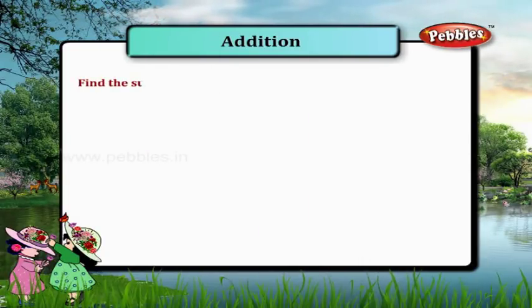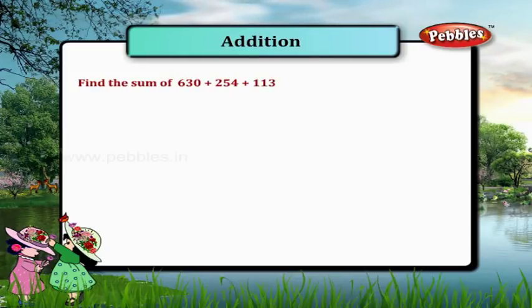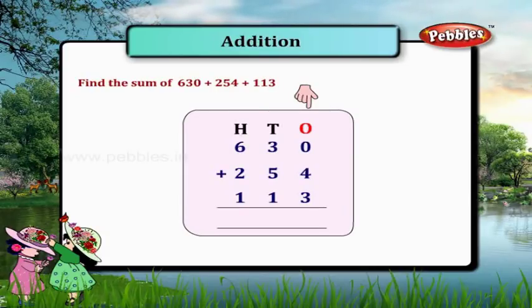Find the sum of 630, 254 and 113. Add the ones. 0 plus 4 plus 3 equal to 7. Add the tens. 3 plus 5 plus 1 equal to 9.